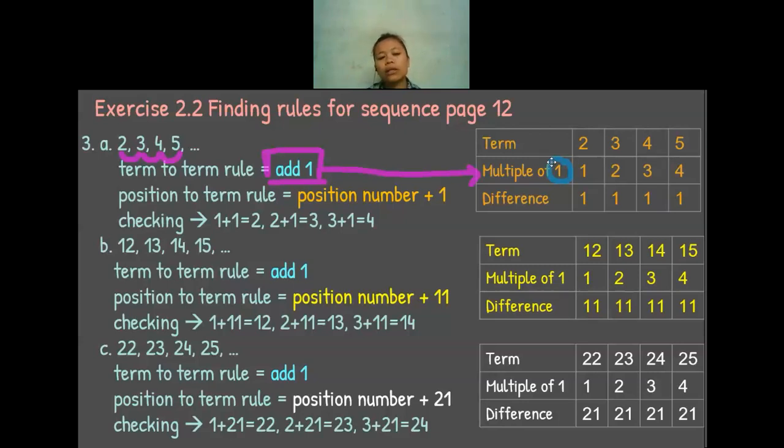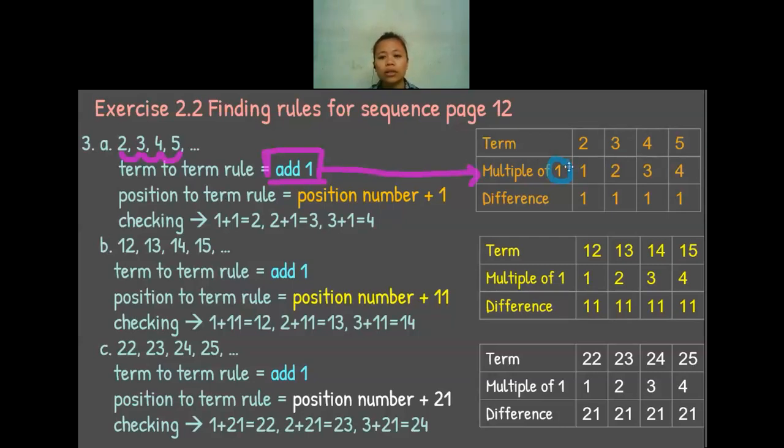If you find a term-to-term rule of 7, later in the table you have to find multiples of 7. If you are confused, please let me know which part is making you confused. Is it question 2 or question 3? Please let me know. Do not only tell me, teacher, I'm confused, because I need to know which part is making you confused. Okay, so I'll continue first.